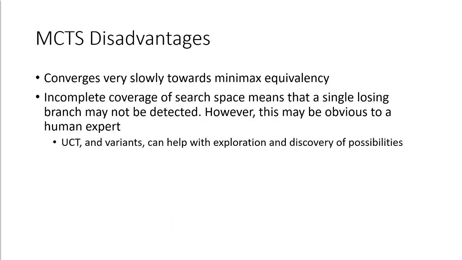So in terms of just Monte Carlo tree search in general, not with UCT, in general, it will converge slowly towards Minimax equivalency, but by nature, you've got this incomplete coverage of the search space. So it tends to be kind of like taking these long depth-like samplings of possibilities.